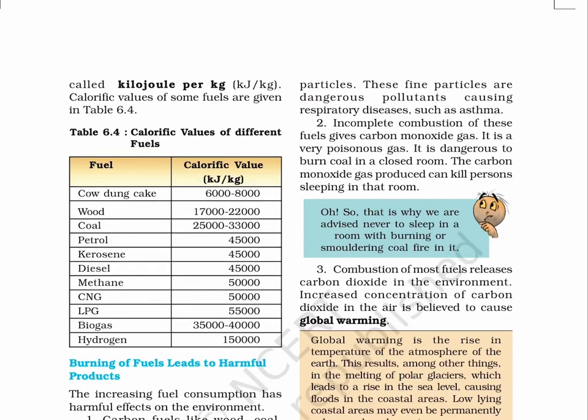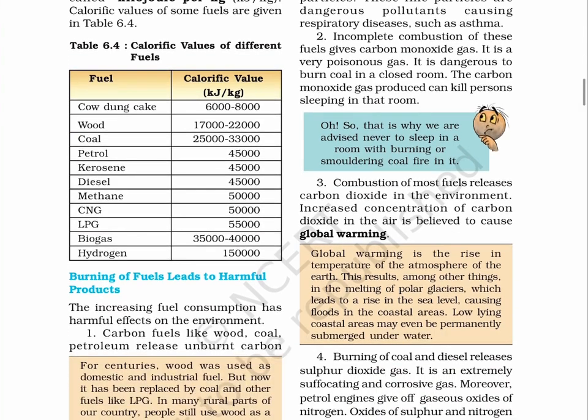Calorific values of some fuels are given in table 6.4. Table 6.4. Calorific values of different fuels. The table has two columns, fuel and calorific value kJ per kg. Cow dung cake 6,000 to 8,000. Wood 17,000 to 22,000. Coal 25,000 to 33,000.